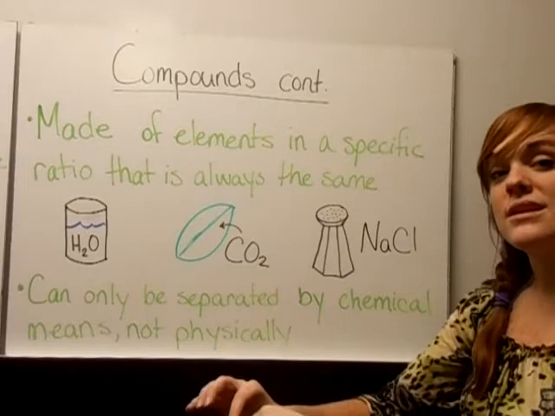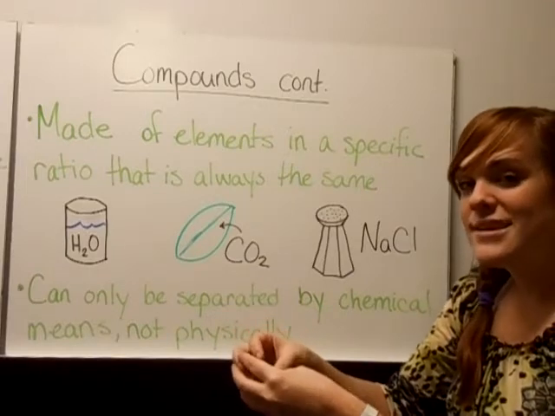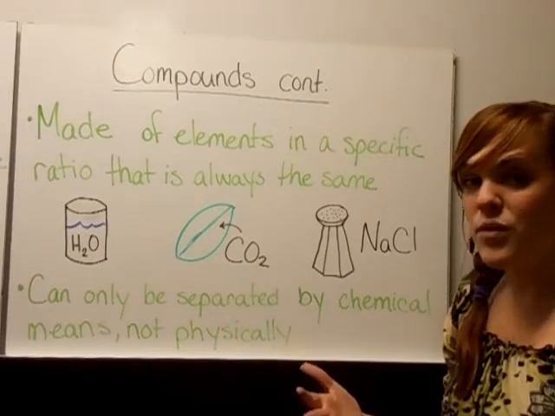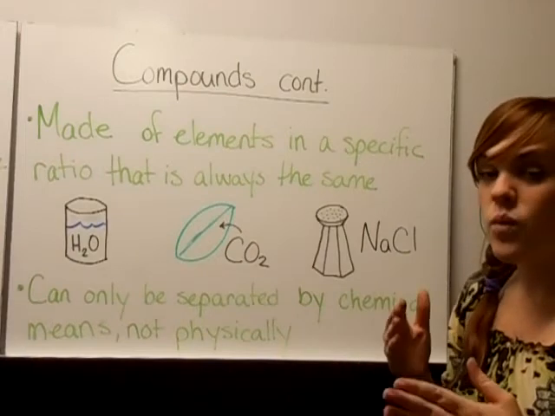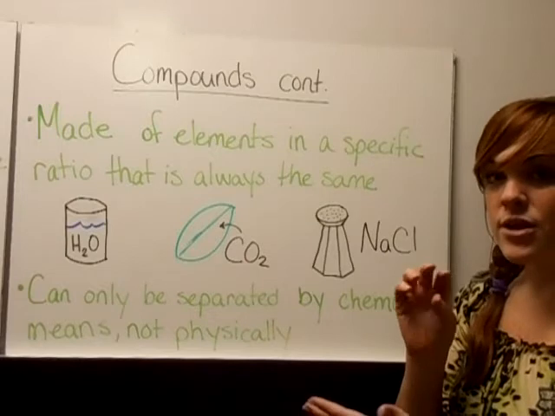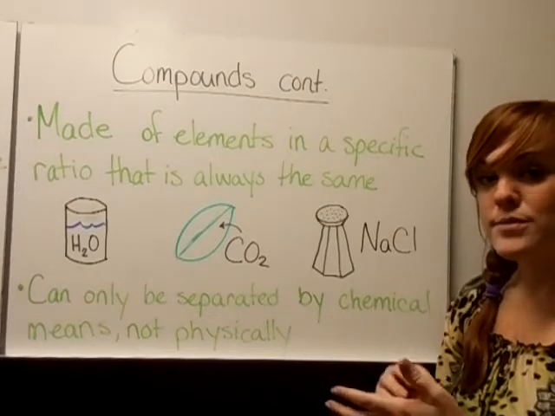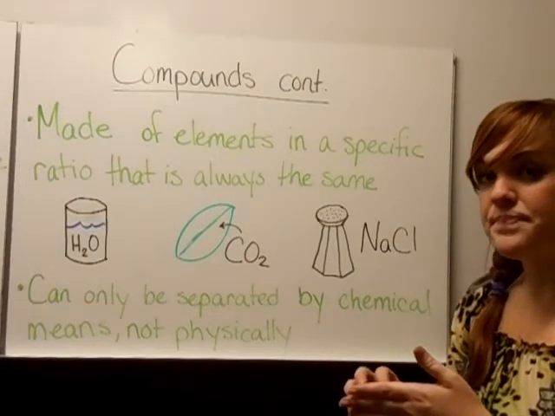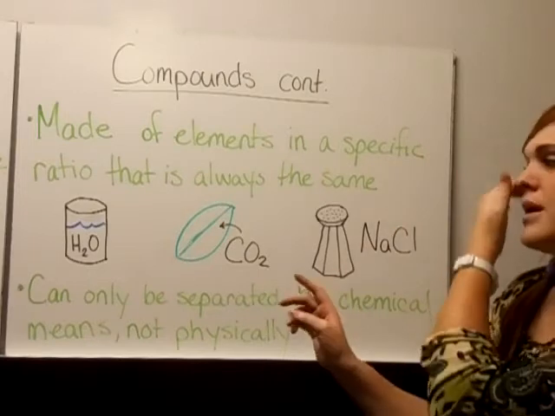You won't find little hydrogen pockets mixed in unevenly with water. It's not the way it works. Water will always be H2O. Always have 2 hydrogen atoms to every 1 oxygen atom. That's the way it works for all of them.